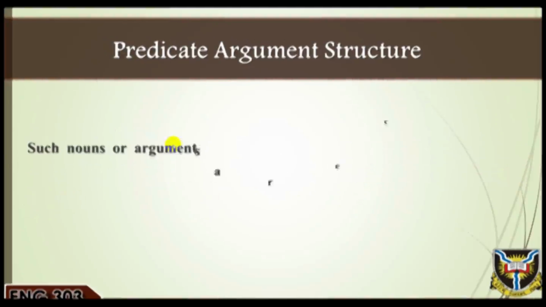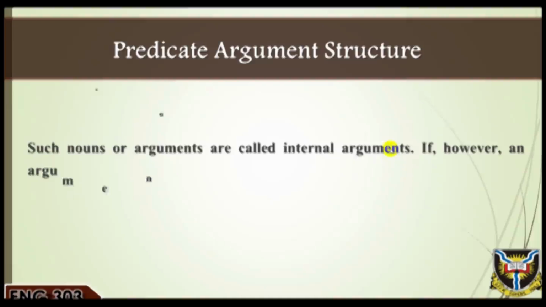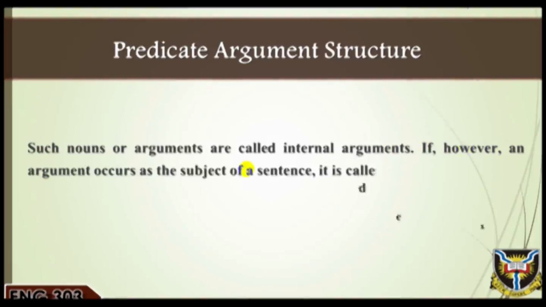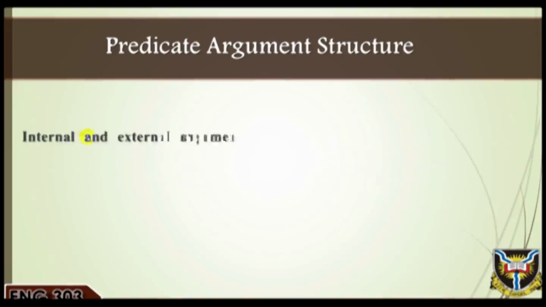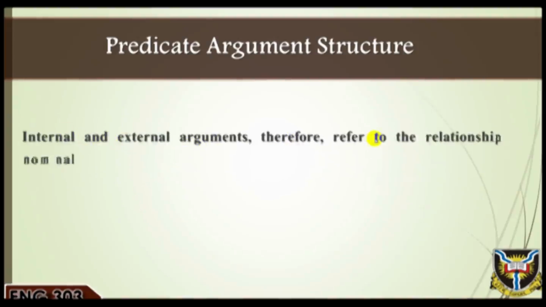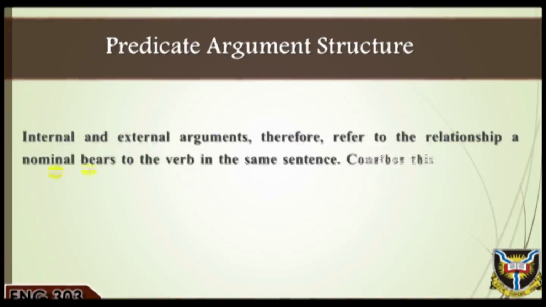Such nouns or arguments are called internal arguments. If, however, an argument occurs as the subject of a sentence, it is called an external argument. Internal and external arguments, therefore, refer to the relationship a nominal bears to the verb in the same sentence.